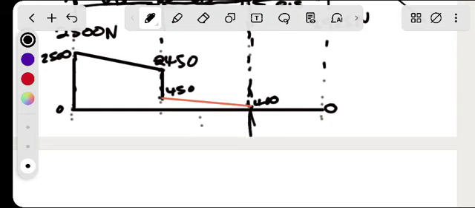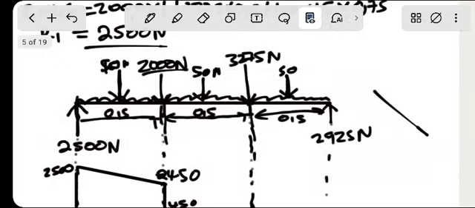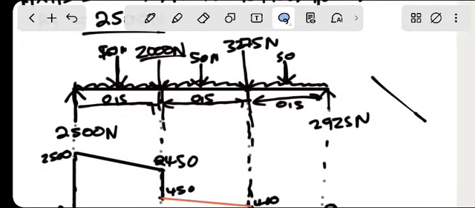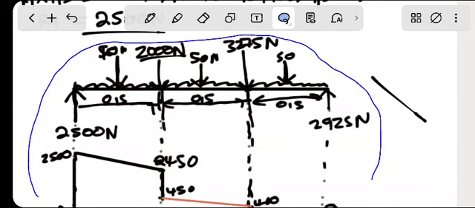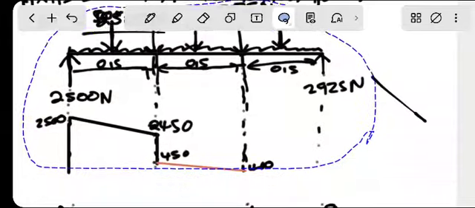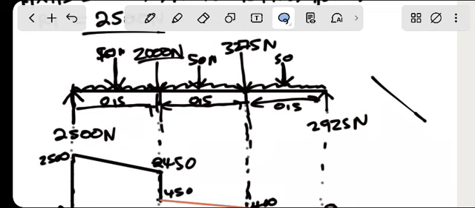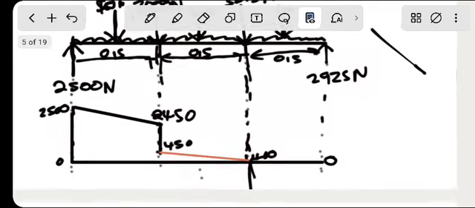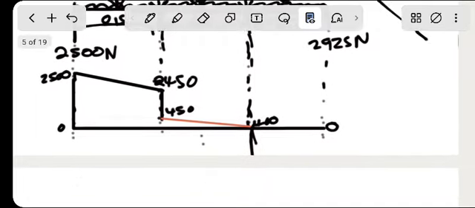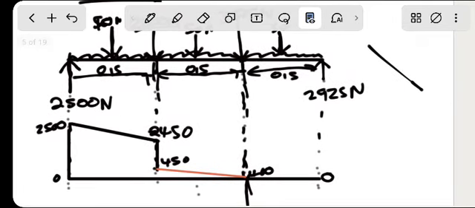Will be acting. Let me just, sorry guys, I have no space. Let me take this on the bottom part. Okay, let me do like this, guys.